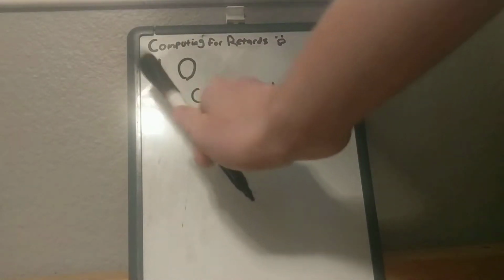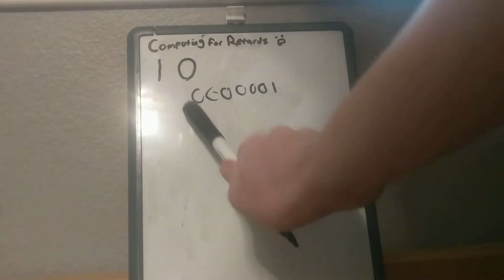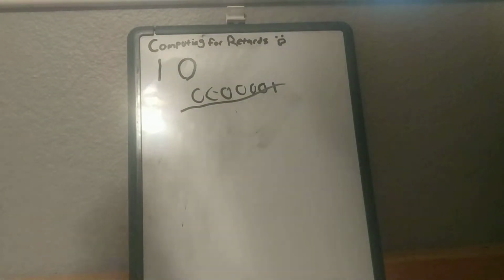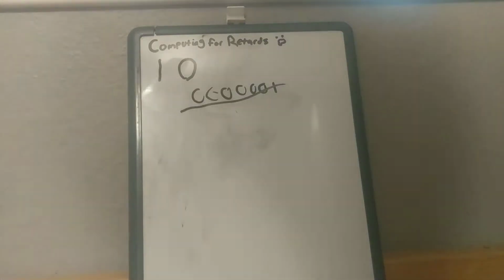So one binary digit is called a bit. 8 binary digits is called a byte. This is a byte of information. 8 bits equals 1 byte. 0 is no information. 1 is information. You take these two together and you're able to convey information.